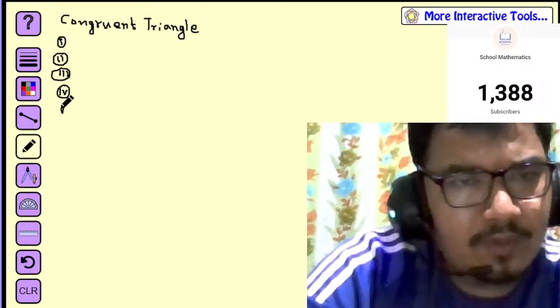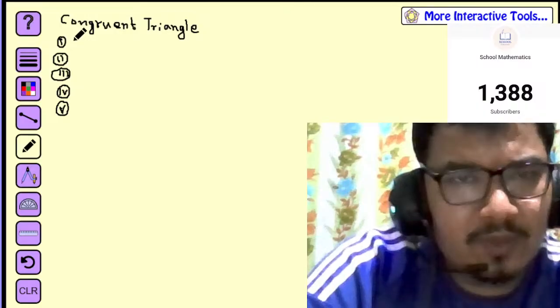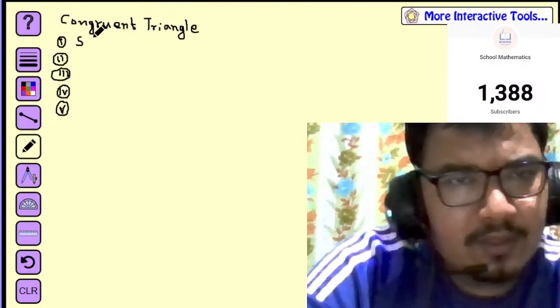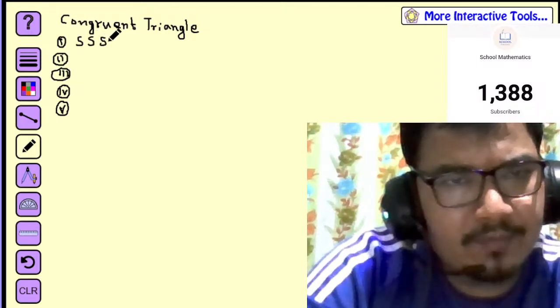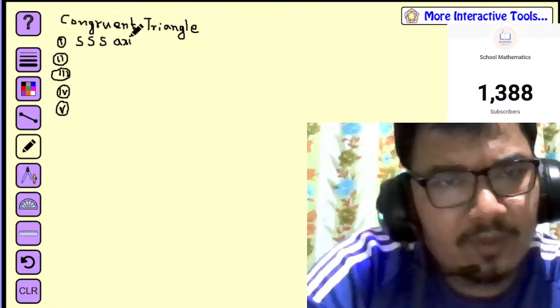Those five conditions or five axioms, or we can call them five tests, are, the first one, look here, is the SSS axiom. The first test is that.